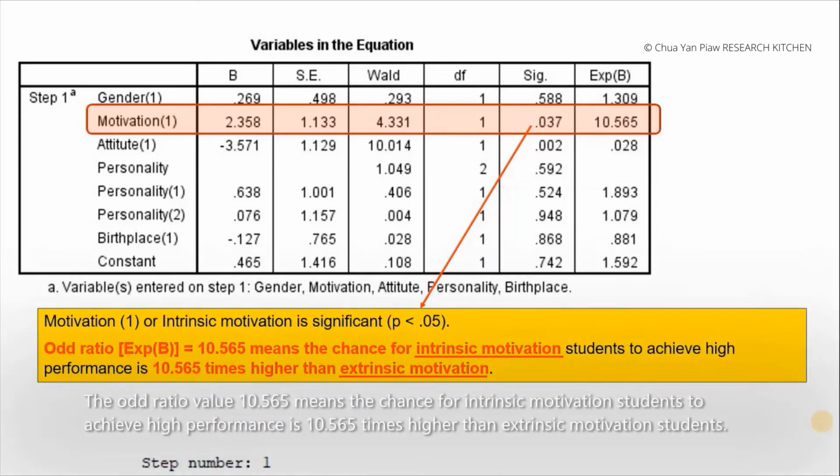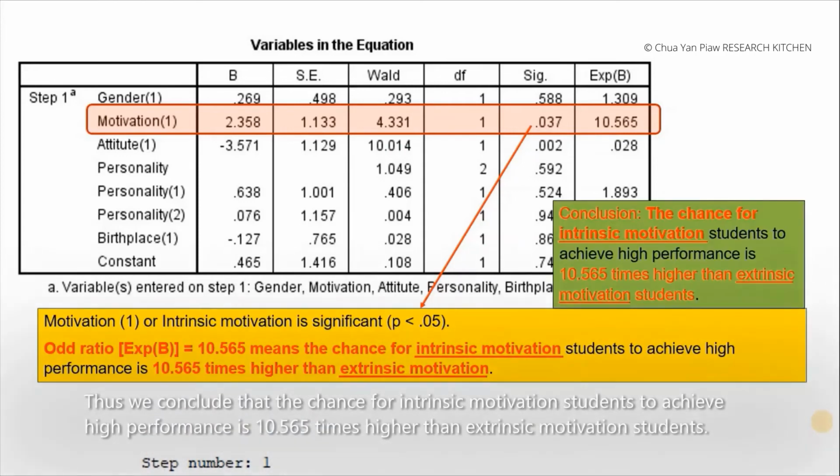The odds ratio value 10.565 means the chance for intrinsic motivation students to achieve high performance is 10.565 times higher than extrinsic motivation students. Thus, we conclude that the chance for intrinsic motivation students to achieve high performance is 10.565 times higher than extrinsic motivation students.